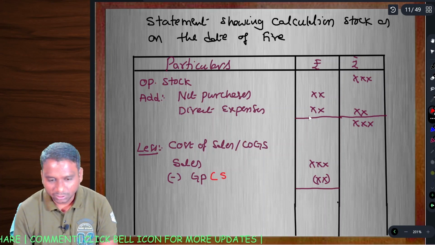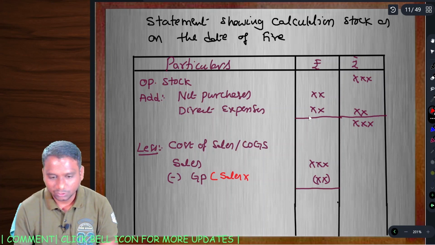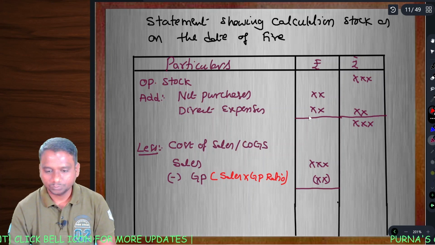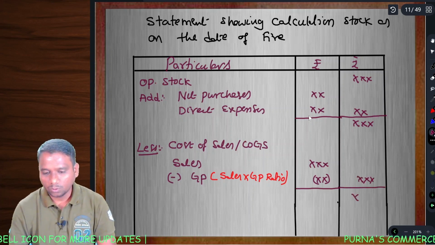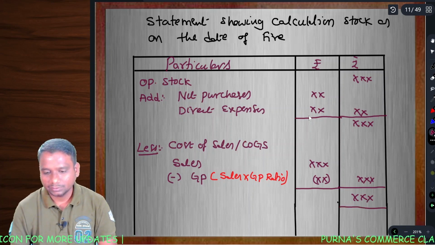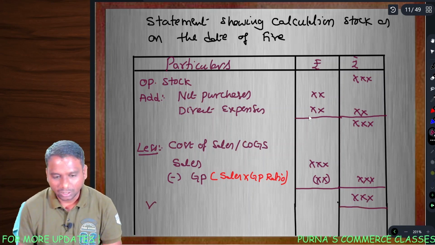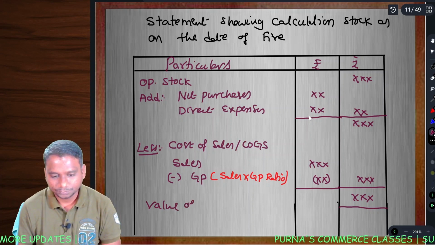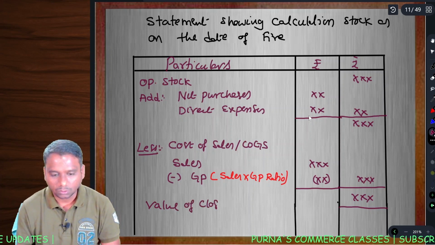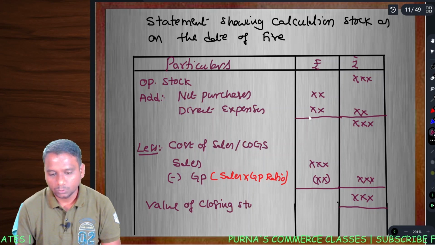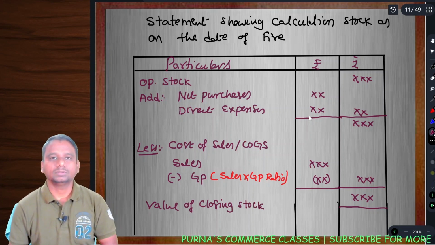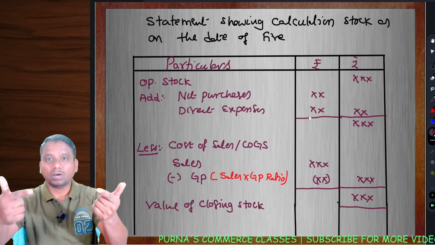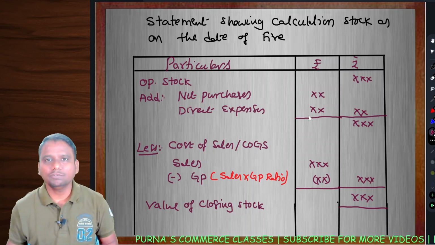Gross profit is nothing but net sales into GP ratio. Now, whatever amount you get, that is your value of closing stock, or value of stock. So the same formula we converted into statement format.